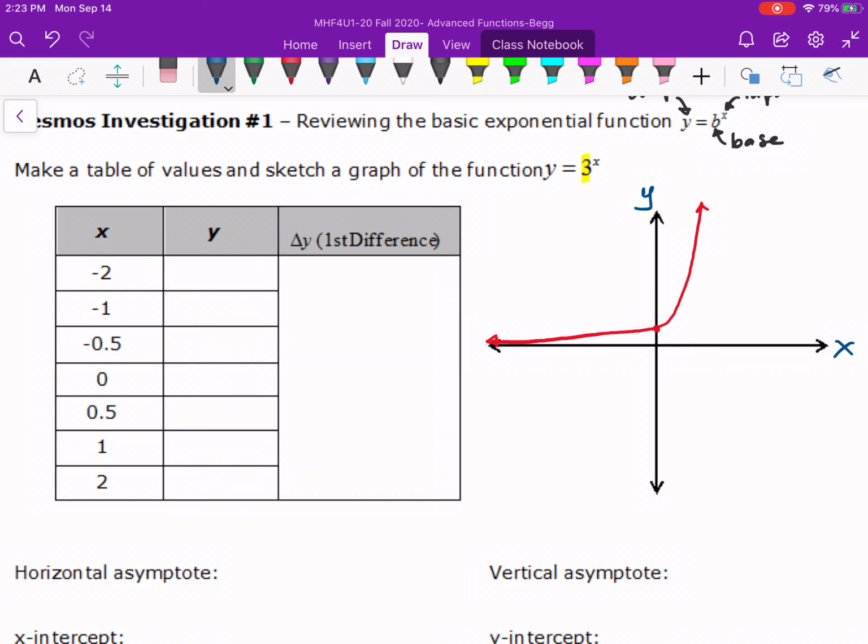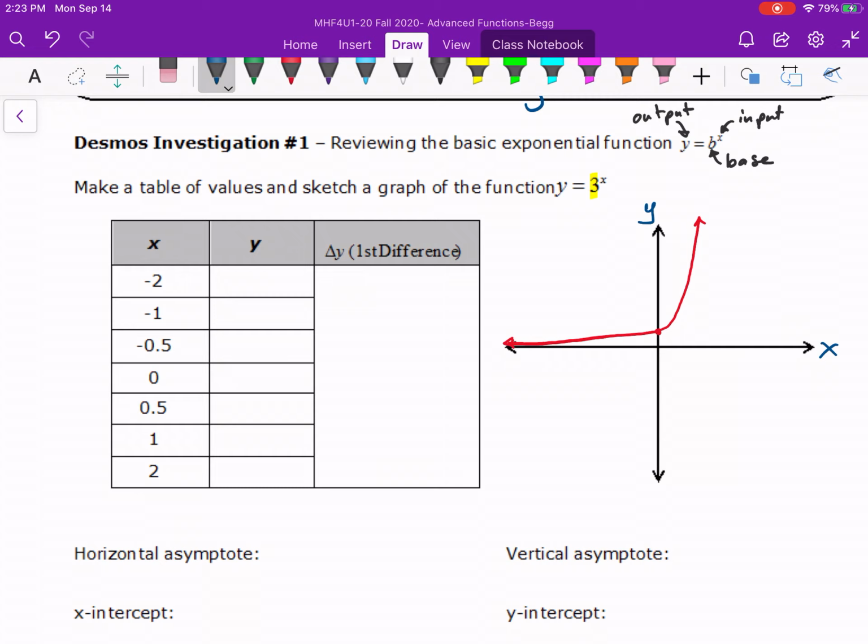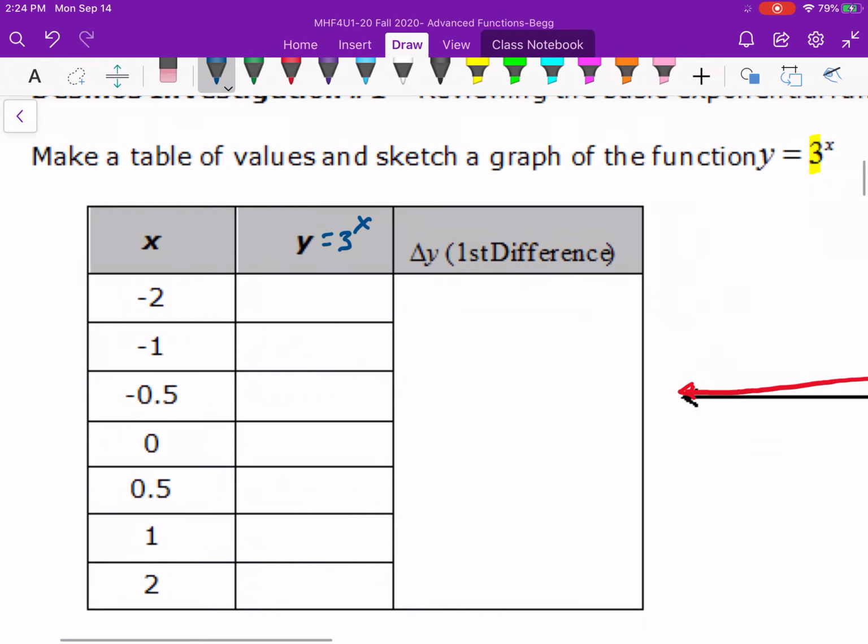So as far as making a table of values goes, if y equals 3 to the x, then I'm going to put different values on here. So I would have 3 to the negative 2. And just a reminder about negative exponents, that means 1 over the same thing to a positive exponent, so 1 over 3 to the positive 2.